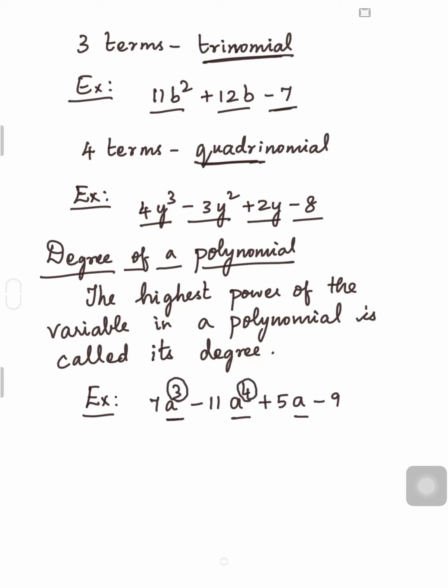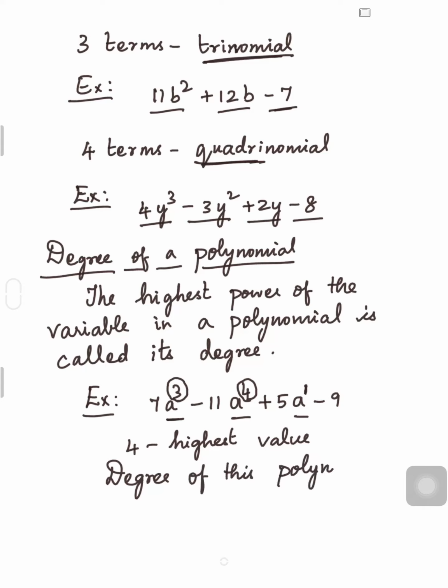And what is the power of the second term? 4. And here there is no power, which means 1. In 3, 4 and 1, which is the highest? 4 is the highest value. So the degree of this polynomial is 4. So the degree of a polynomial is nothing but the highest power.